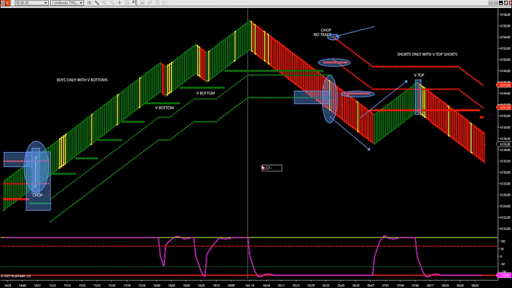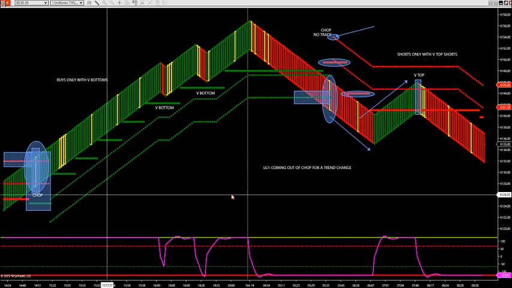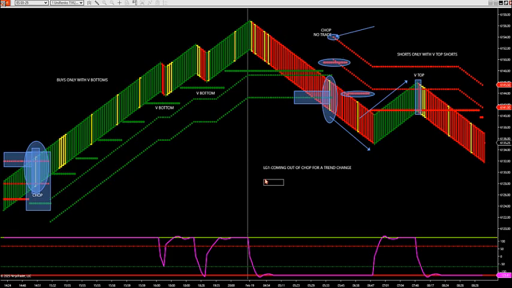LG2 you just trade with trend. I have the LG1 strategy that will get you in the first liquidity grab in chop or coming out of chop for a trend change. You can use that.